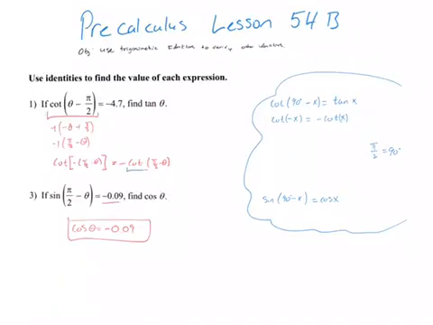So now this part right here is going to be the same thing as tangent. So this would equal negative tangent of theta. And this part right here is negative 4.7. So that means tangent of theta is just going to equal 4.7. So essentially there I just changed signs.